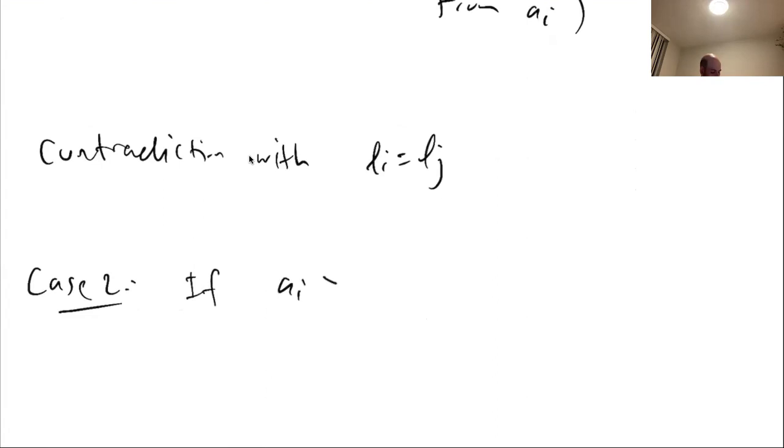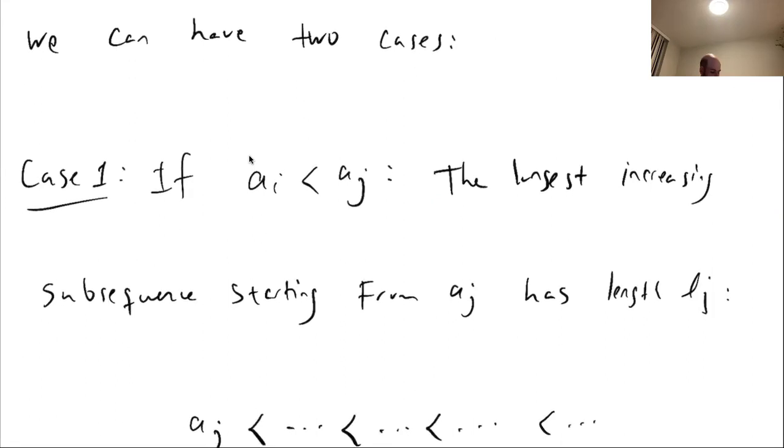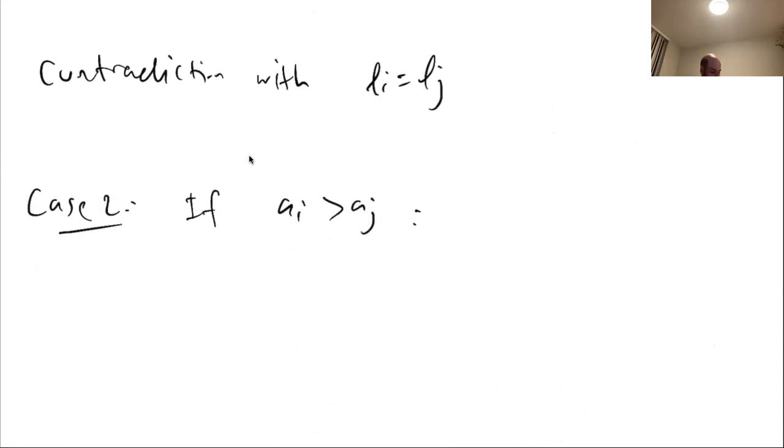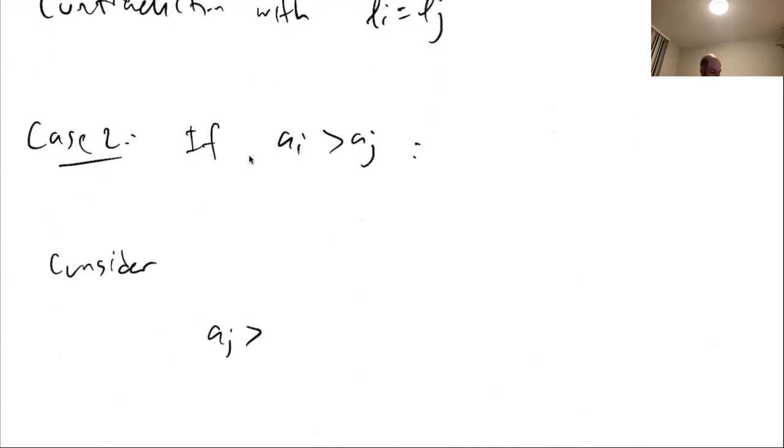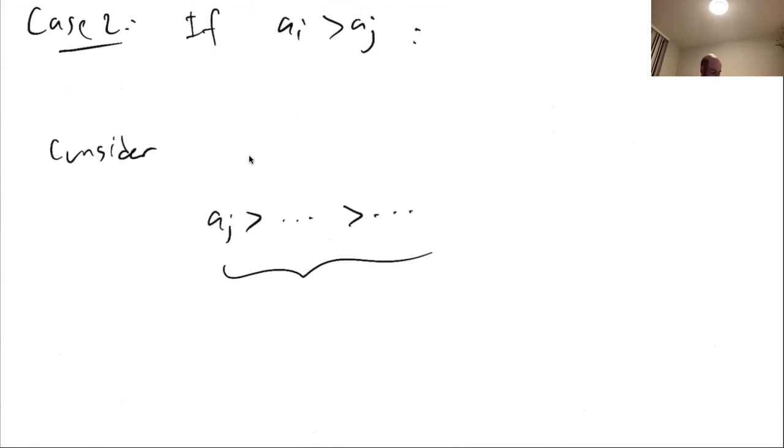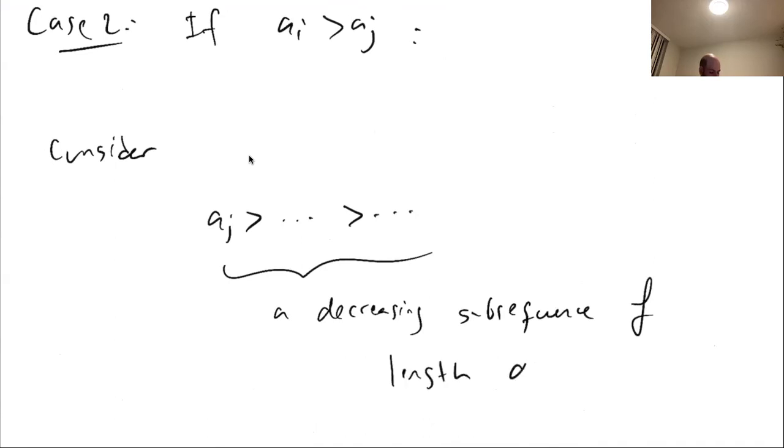So case 2, if ai is bigger than aj. Case 1 was ai less than aj, case 2 is ai bigger than aj. Again, I can consider this, a decreasing subsequence of length dj, right?